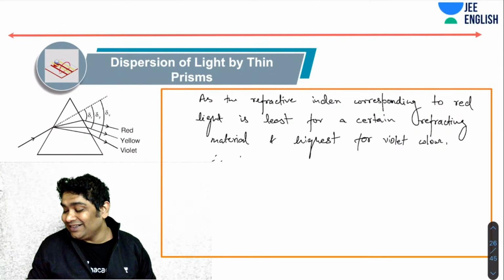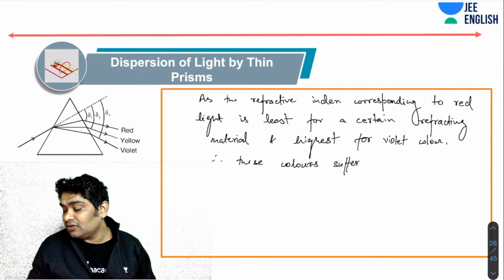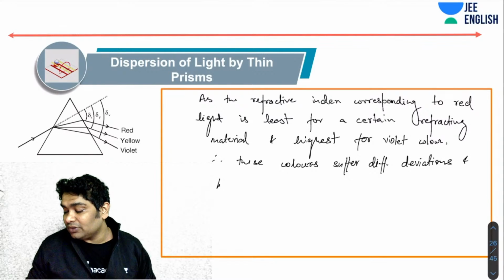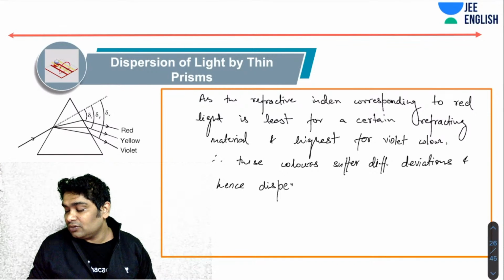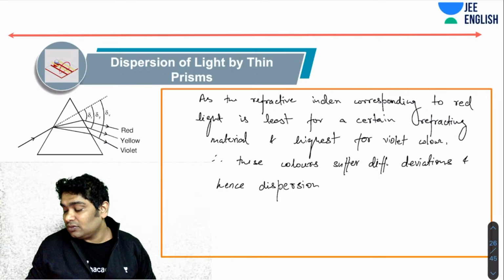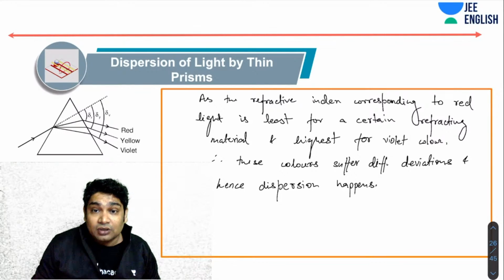Therefore, these colors suffer different deviations and hence dispersion happens. So that is the entire logic behind dispersion.